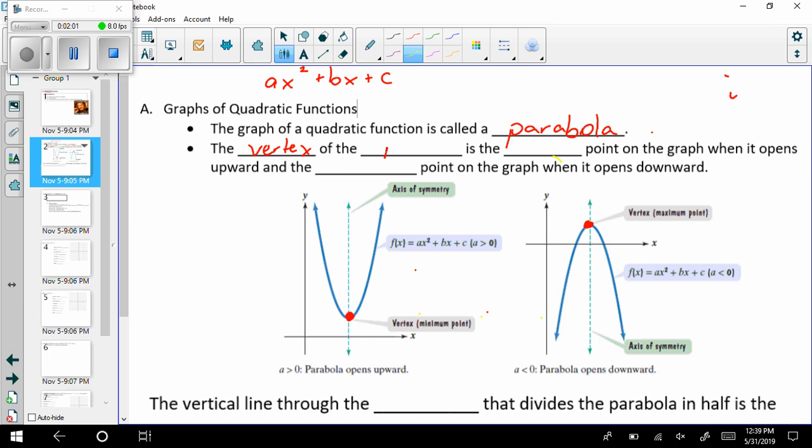So the vertex of the parabola is either the lowest point on the graph or it's the highest point on the graph. It depends on if the parabola is opening up or down. So on this left one, it's the lowest point. On the right one, it's the highest point.